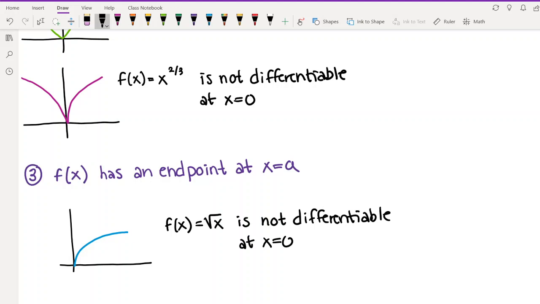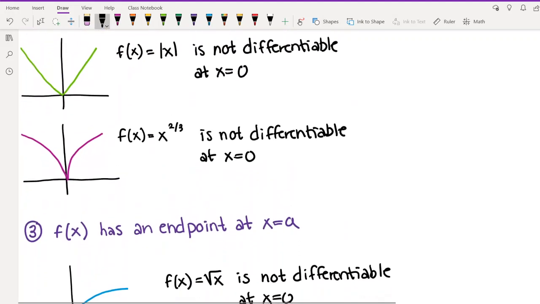So I forgot to explain why on these last two the function's not differentiable. Basically, the derivative is equal to the slope of the tangent line, right? And it just doesn't make sense to find the tangent line at a corner, because you could draw it any way you wanted. Whereas when you're looking at this part of the function, there's really only one way to draw the line to follow its shape.